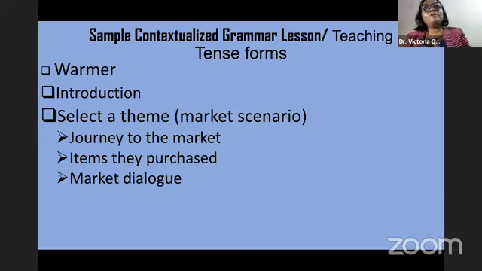They explore how to use it. If they make mistakes, you discuss with them how they can rectify or correct it. Okay, they've reached the market. Now they are trading. So the items they want to purchase, how would they engage the market woman, or the grocery shop owner, or the mall? How would they engage the person?